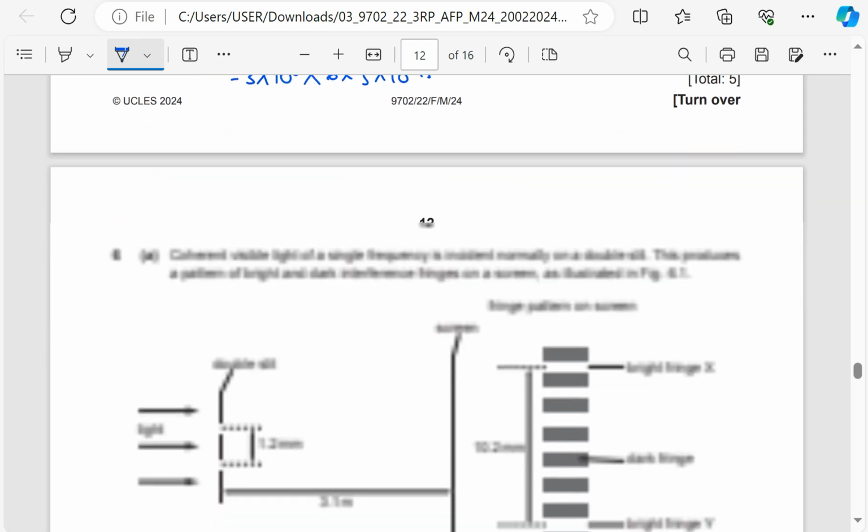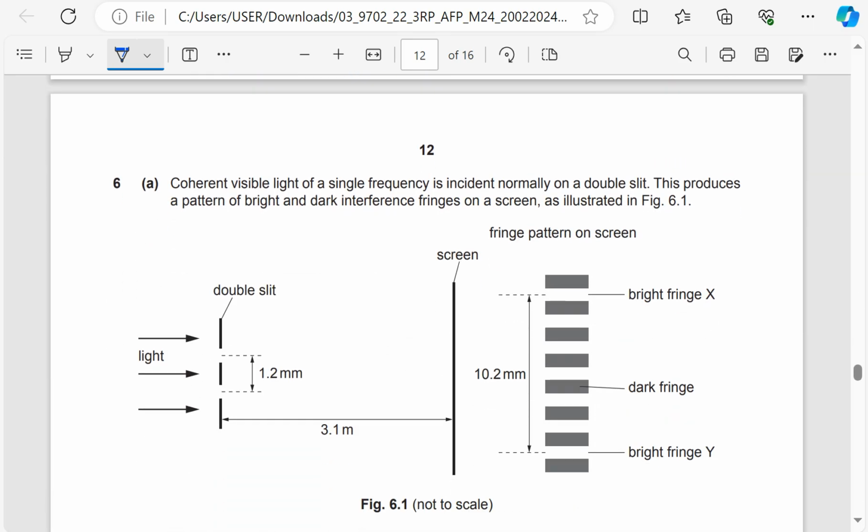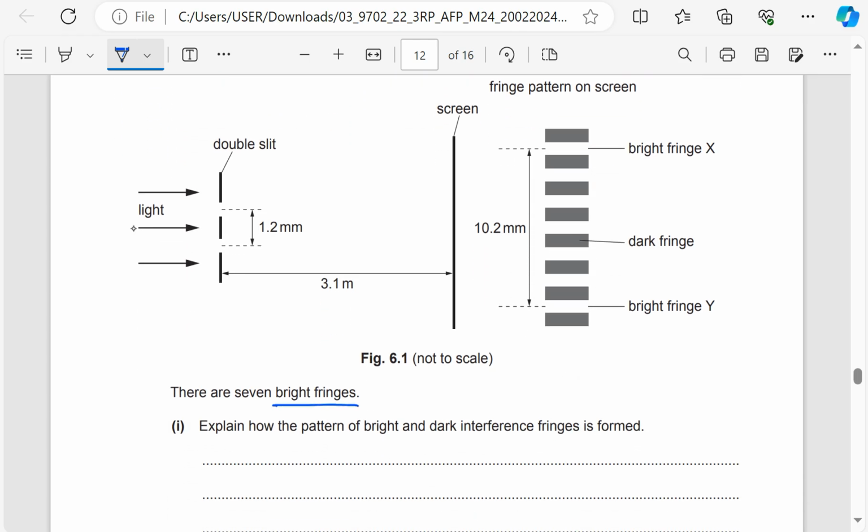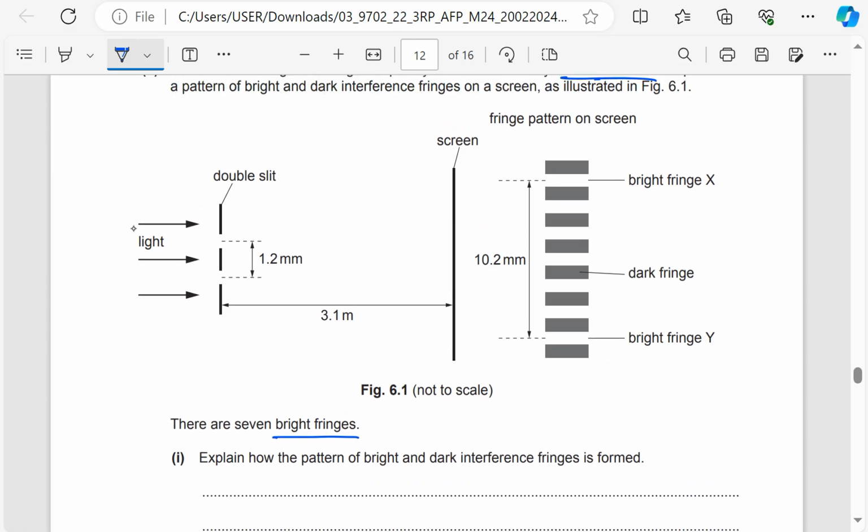Question number 6. Coherent visible light of single frequency is incident normally on a double slit. Remember, for a double slit, lambda is equal to ax divided by D. This produces a pattern of bright and dark interference fringes on a screen as illustrated in the figure. There are 7 bright fringes. Now they have given us the distance.